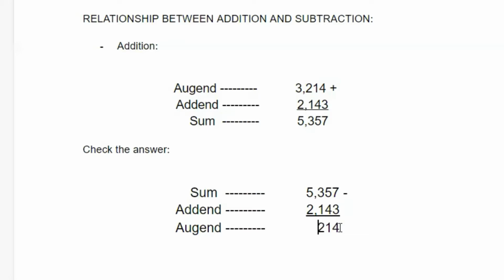No regrouping also, so it's easier. And then 5 minus 2, 3. We got the number 3,214. Is this number the same as this number? Yes or no?